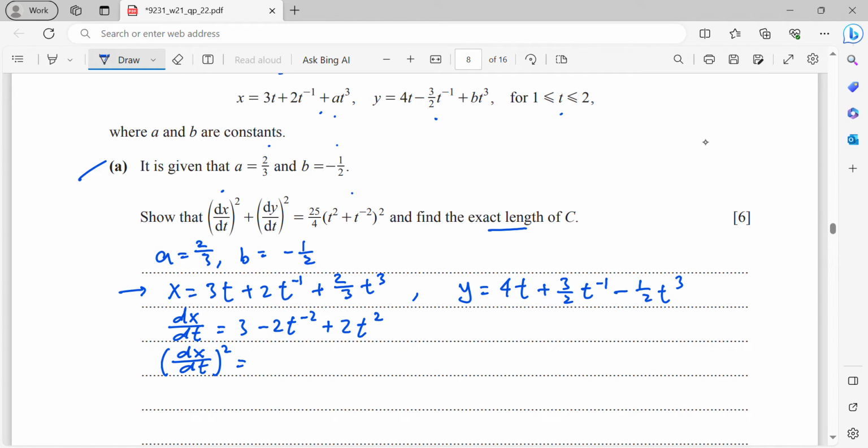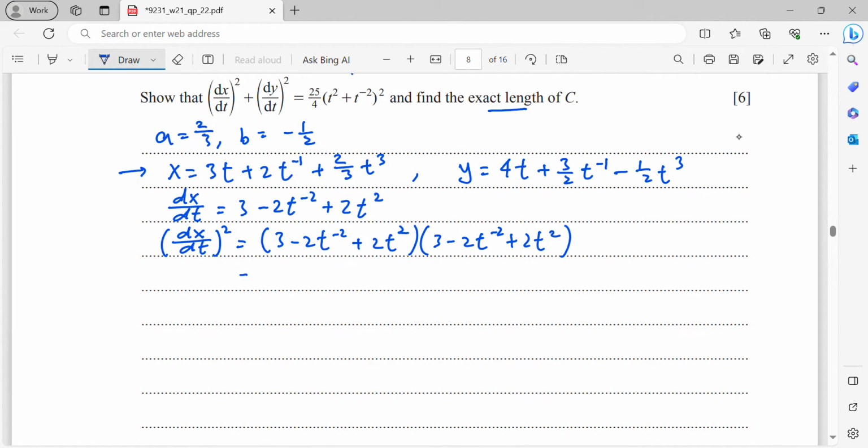So since you have three terms here, it's better to list down, okay? Two brackets. I will not apply the quadratic expansion because there are three terms here. So I will just list out the terms and do the expansion one by one. So now firstly, multiply the second bracket with 3. Okay, so all the terms multiplied by 3, you will get 9 minus 6t power negative 2 plus 6t squared.